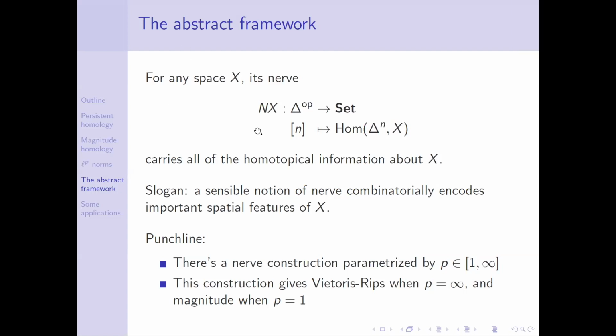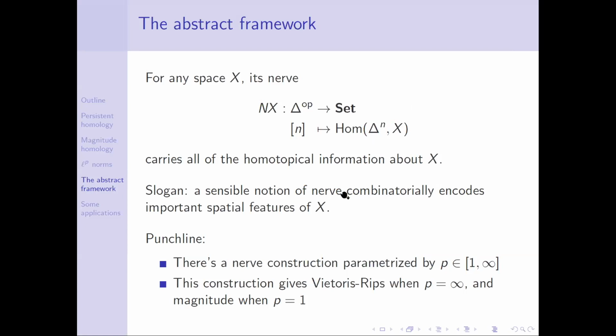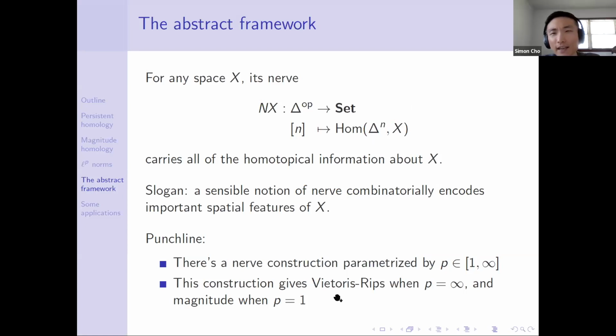Right, so when I say nerve, I just mean this general notion where you have a bunch of test spaces, these n-simplices that you're probing your space with, right? And so all the different ways you could probe the space with your specified collection of test spaces forms the data of your nerve, right? And in our case, the Vietoris-Rips complex already encodes enough information to completely reconstruct the space at n equals 1, right?